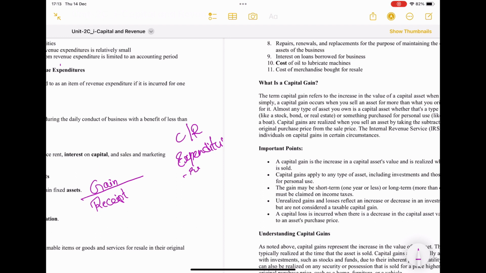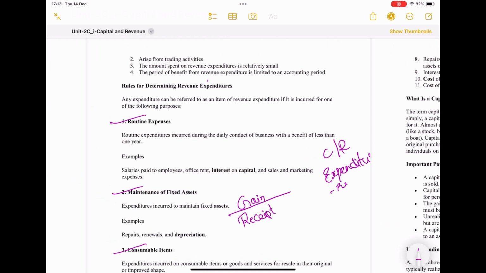If we learn everything at the same time, we will get confused. So first let us clearly understand capital and revenue expenditure, then we'll move on to capital gain, and later to capital receipt. There is no need to mix everything in a single video, and we don't want to rush into the concept. Slowly and clearly we have to learn the concept.